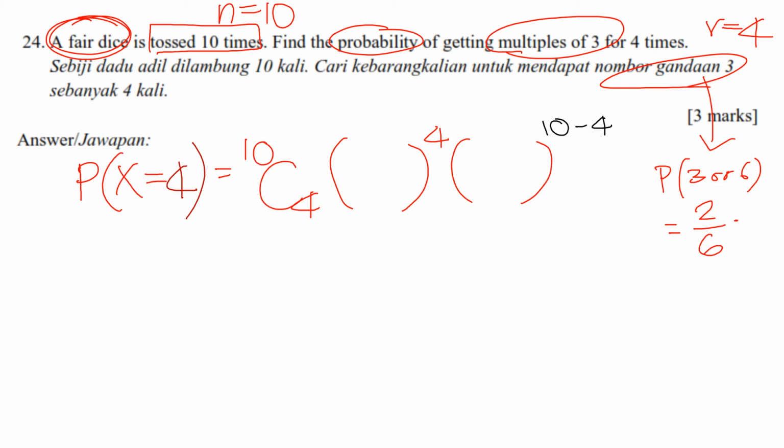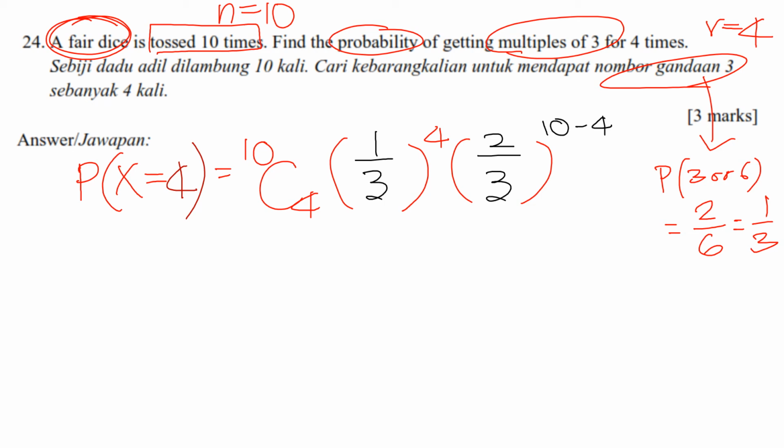So you get 1 over 3. This is the probability of success to get a multiple of 3. So here P is 1/3 and Q is 2/3. You must get this right before you proceed.